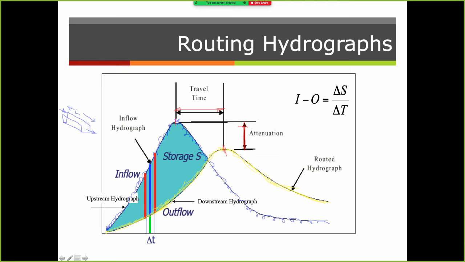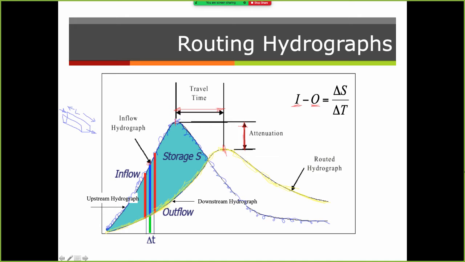If we select some moment in time, this green bar plus the blue bar represents the inflow rate at that moment in time. And the green bar itself represents the outflow rate at that moment in time. The difference between the inflow and the outflow hydrograph at the moment in time minus delta T over 2 and the moment in time plus delta T over 2 are represented by the red bars.